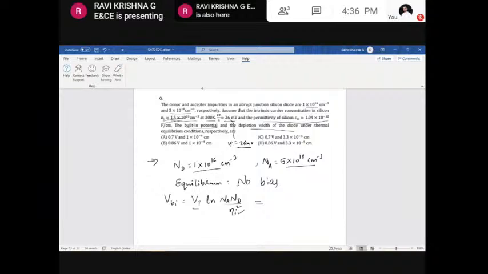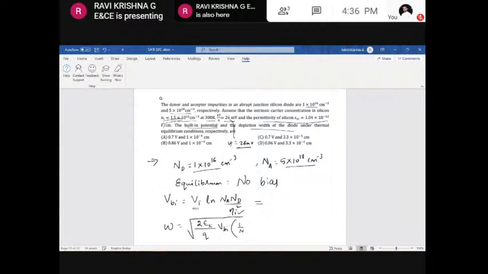Similarly, the next question is we need to determine the depletion width of the diode. The depletion width is obtained as the square root of 2 times the permittivity of the silicon divided by the charge, times the built-in potential VBI, times 1 by Na plus 1 by Nd. First we need to calculate the built-in potential, then we calculate W, because it depends on VBI.